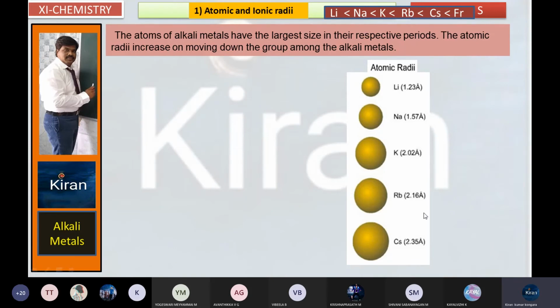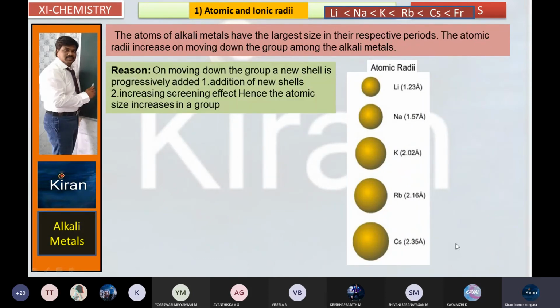The atomic radius is 2.16 angstroms for rubidium and 2.35 angstroms for cesium. Moving down the group, a new shell is progressively added. Addition of new shells increases the screening effect, hence the atomic size increases. From one atom to another, one extra shell is added. That is the reason atomic radius is increasing.